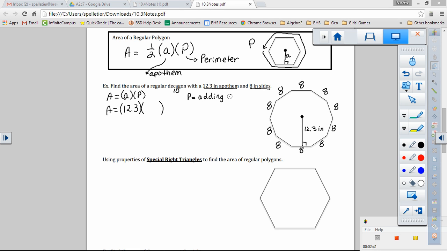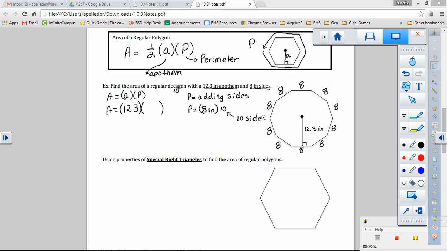So perimeter equals adding sides. Okay, I don't want to do 8 plus 8 plus 8 plus 8 plus 8, 10 times, because there are 10 sides. So I'm going to do this the easy way. I'm going to say that my perimeter is equal to 8 inch sides, and I'm going to multiply that by 10 because there are 10 sides.